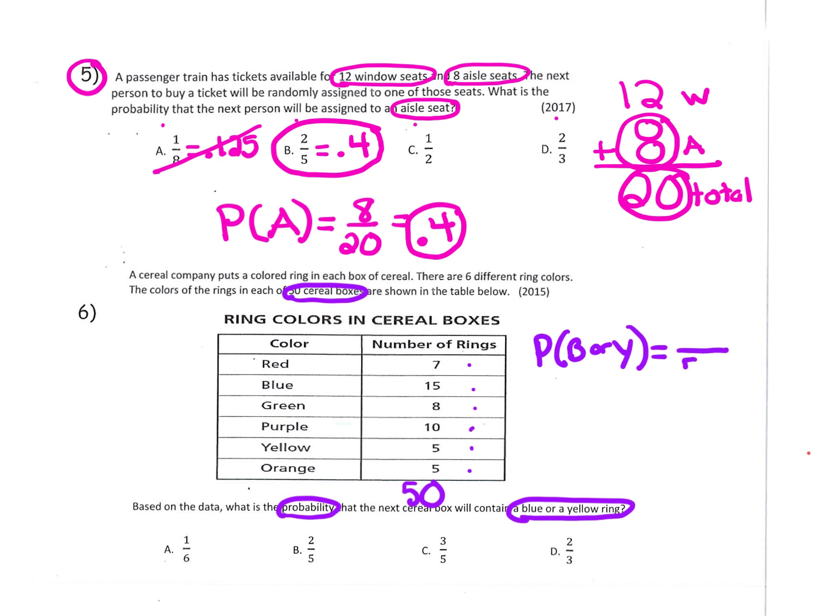Well, we know our total is 50, and the parts that are yellow and blue must be added together, we're talking about 20 out of 50. But divide that and convert it to its decimal equivalent. There's a 0.4 or 0.40 chance that we will get that, which of course is a 40% chance.